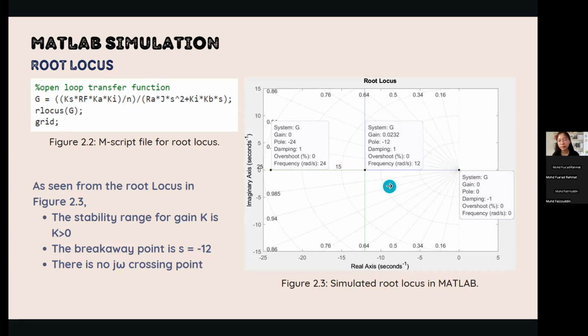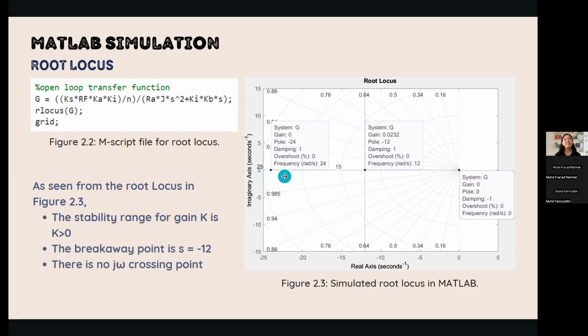The closed loop pole at the breakaway point is equal to -12. Same. Yes. Okay, correct. Proceed.